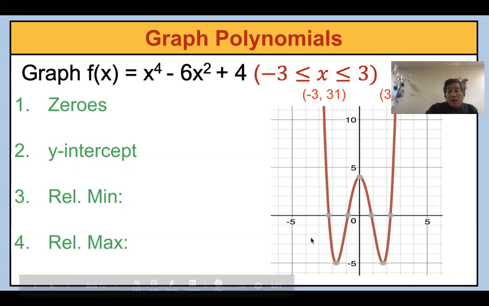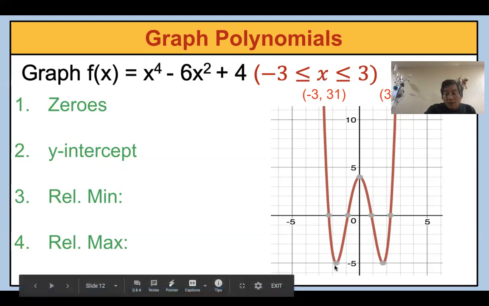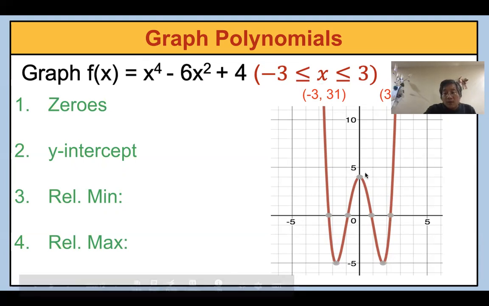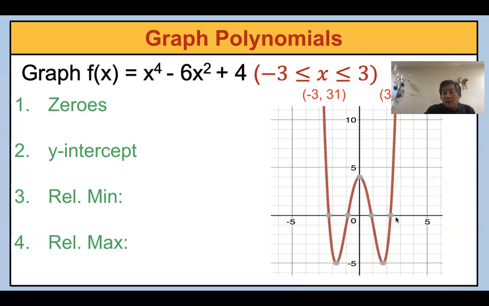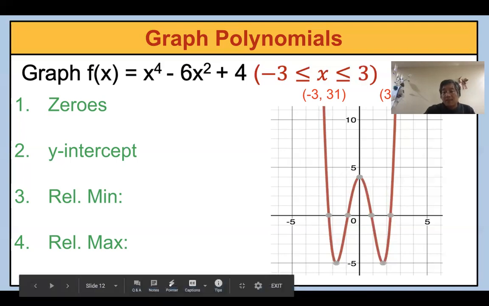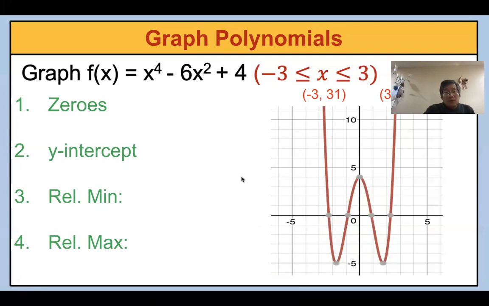But now we need to find the 4 zeros and the relative minimums. There are 2 relative minimums and 1 relative maximum here, right? We need to find them and label each point. And then connect them like this, by looking at the table first and then plotting each point, all right?